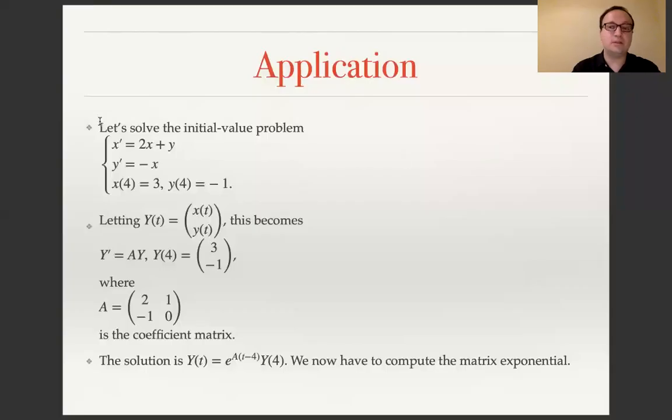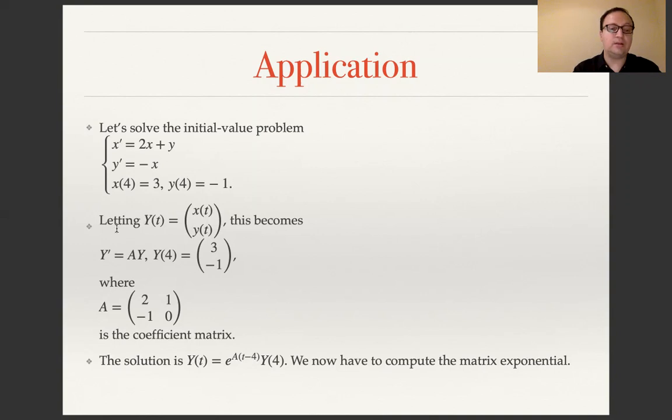So let's use this Jordan decomposition to solve a system whose coefficient matrix is not diagonalizable. For simplicity, let's pick the same matrix that we had earlier and which we know is not diagonalizable. So let x prime equal 2x plus y, y prime equal to minus x, with the initial conditions x of 4 equal to 3 and y of 4 equal to minus 1.